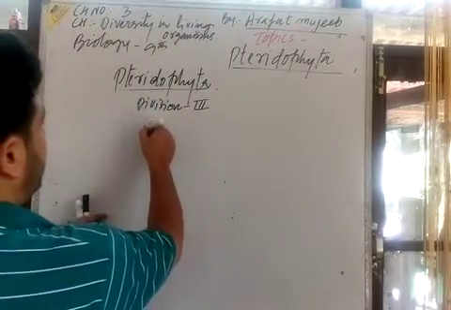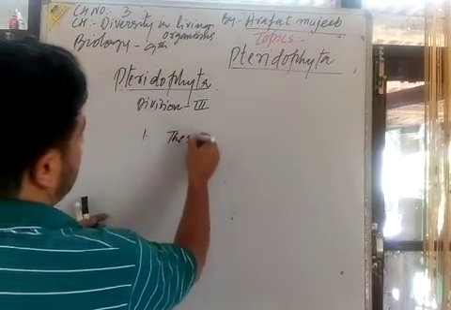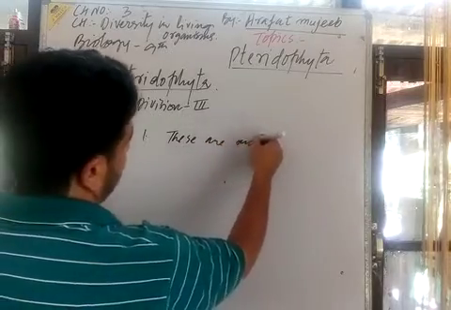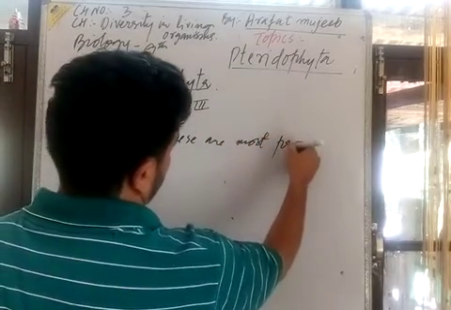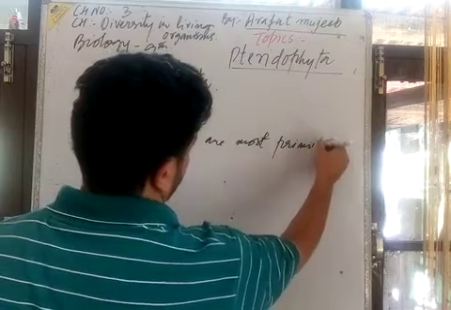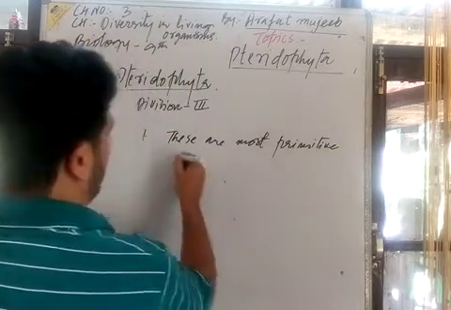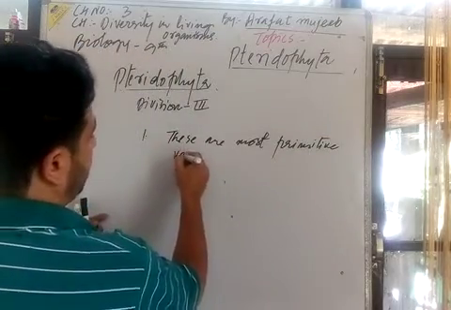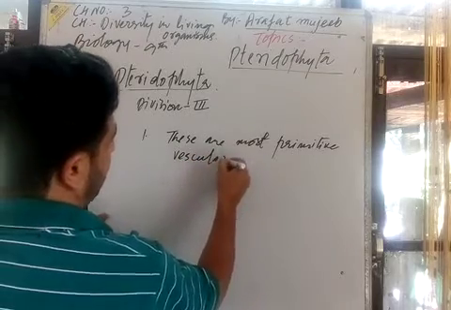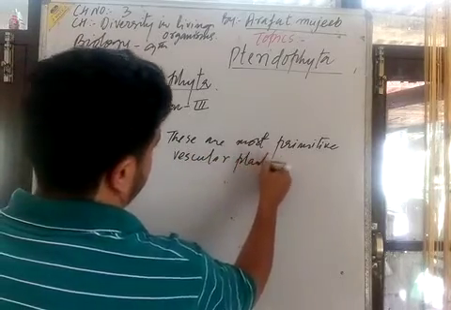First one is, these are the most primitive vascular plants.